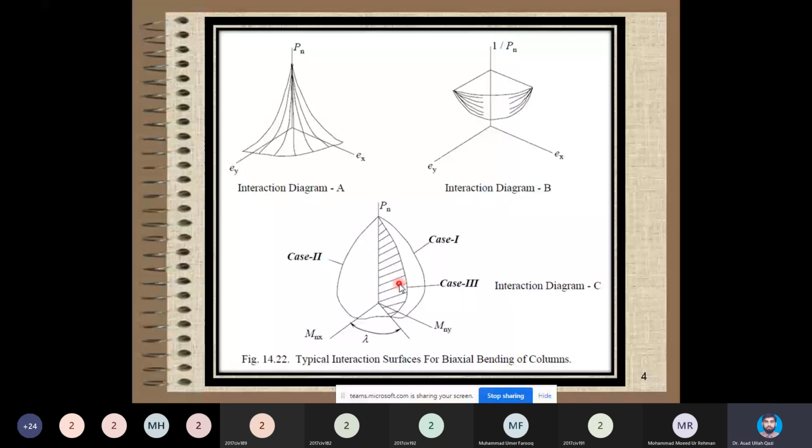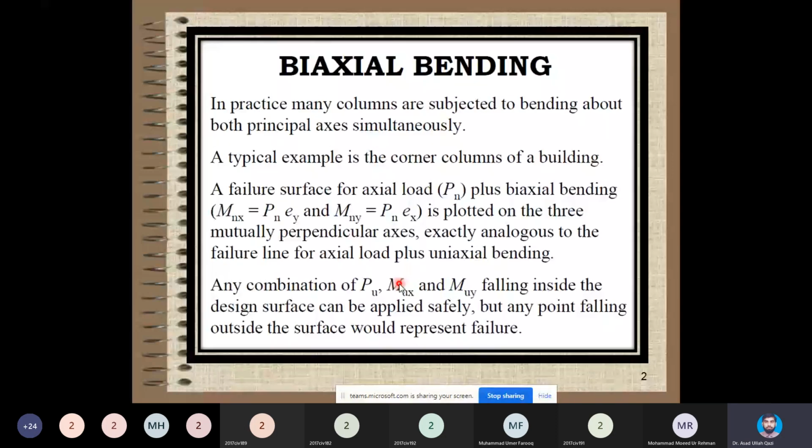Even the code allows us up to 8%, so we may have an 8% reinforcement ratio surface. Any point which falls within a surface, we then need to examine whether it falls between the 1 and 2% surface or above 2%. So similar to our uniaxial column, we can generate such surfaces for various reinforcement ratios, but obviously more numerical effort is required to generate this surface, unlike the column under uniaxial bending.